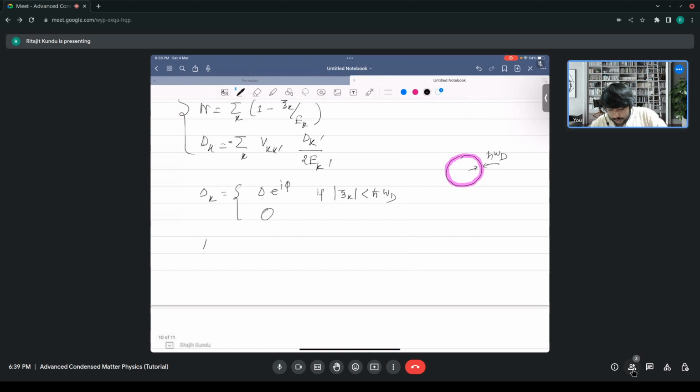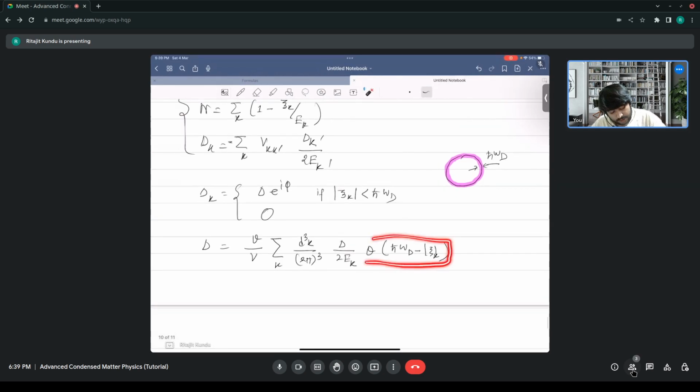Now let us plug in the form of V_kk' and do this integration. I get 1 equals V by capital V, sum over k, which is d3k over 2 pi whole cube, delta over 2E_k, and theta of h bar omega_D minus xi_k. This imposes this condition.